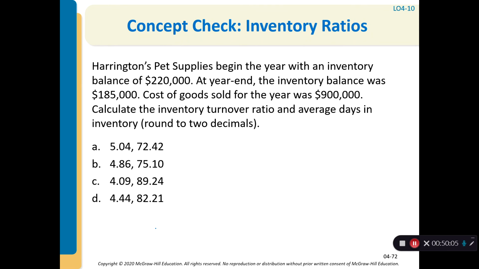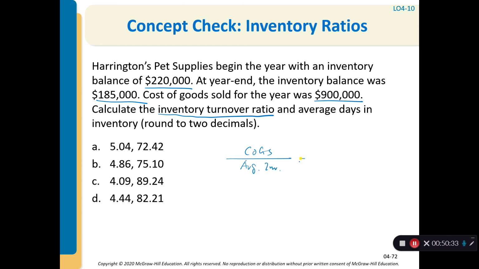Okay, so let's look at this example. Harrington's Pet Supplies begins the year with an inventory balance of 220,000. At year-end, the inventory balance is 185,000. Cost of goods sold is 900,000. We are calculating the inventory turnover ratio. First of all, cost of goods sold divided by average inventory.